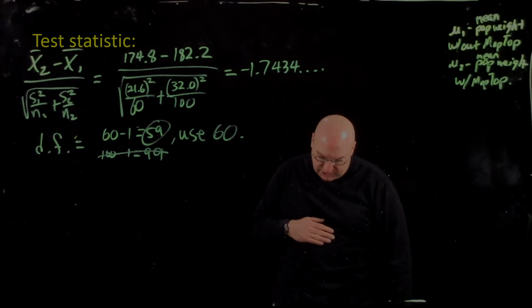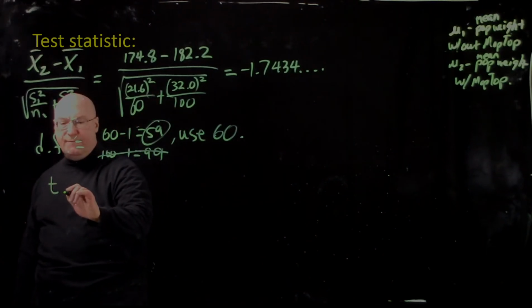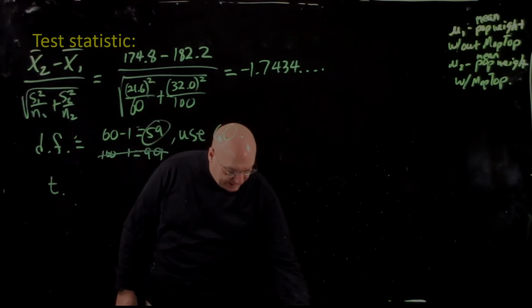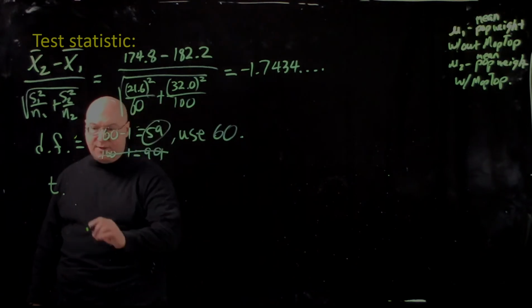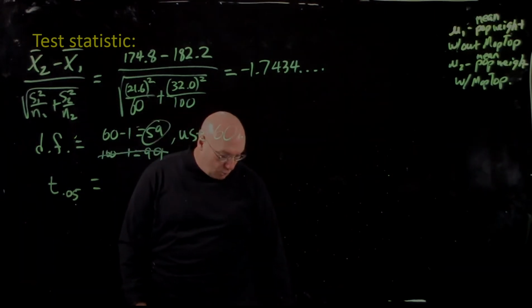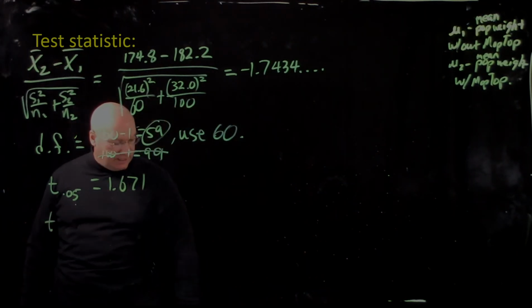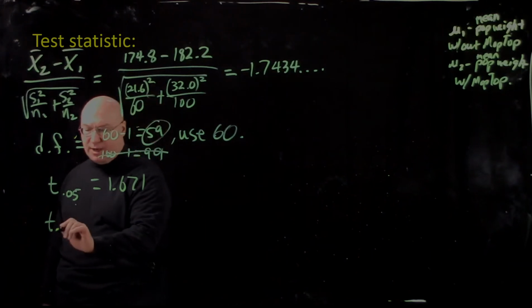And if you look, what you find is that t of 0.05 is 1.671, and t of 0.025 equals 2.00.